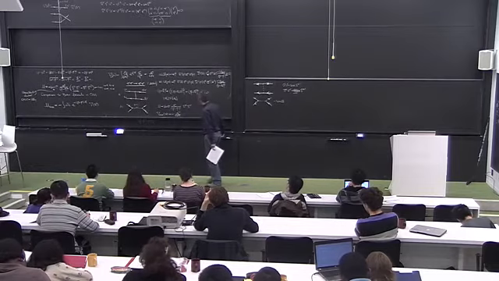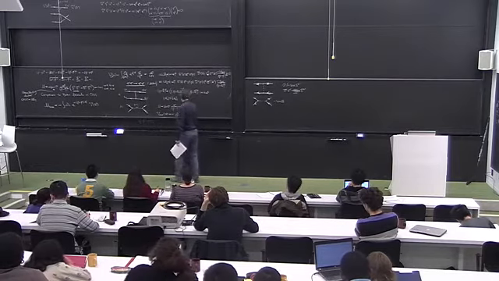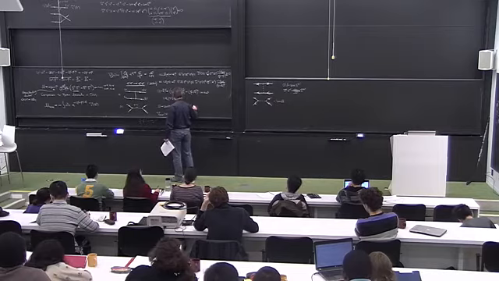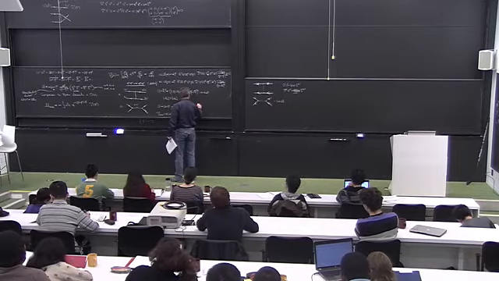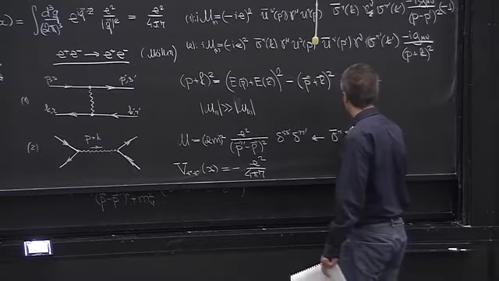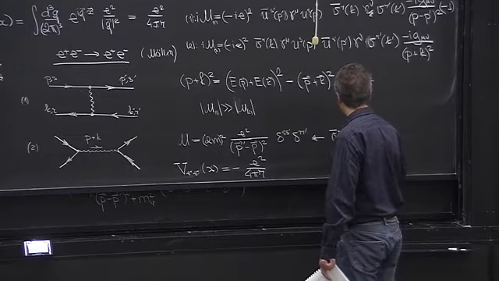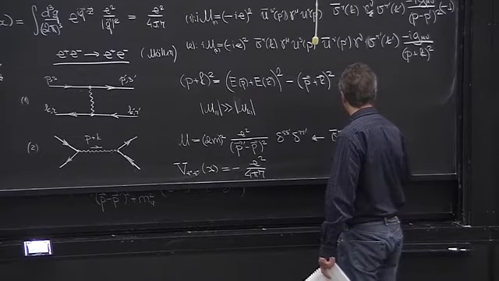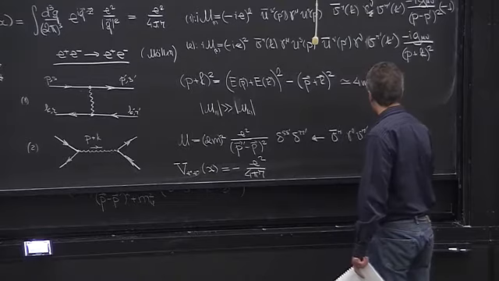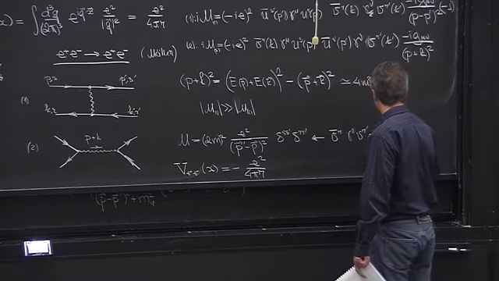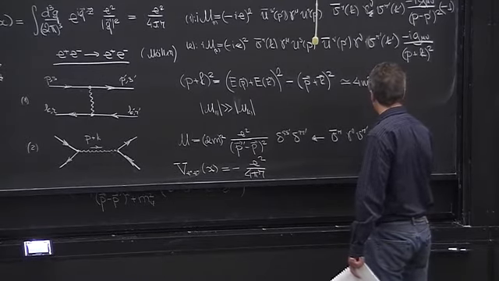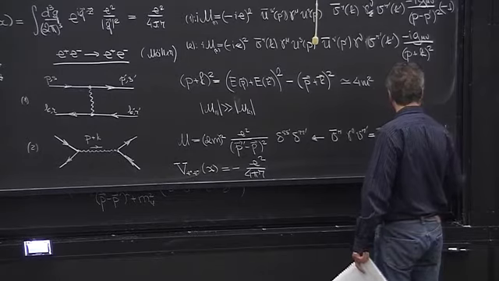So I think I skipped this point a little bit, but here the overall sign depends on the fact that v bar r gamma 0 v r prime is equal to v dagger r v r prime, which is minus 2m delta r r prime.